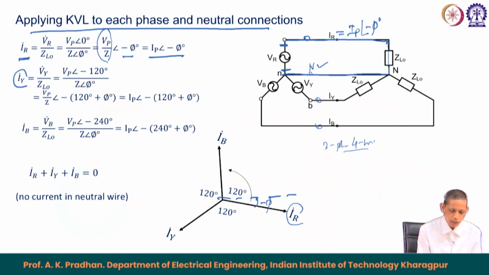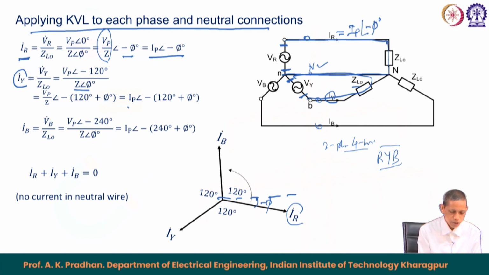Similarly, I can express the Iy current in terms of the voltage Vy, which is equal to Vp with a minus 120 degree angle, because I take the corresponding phase sequence to be RYB for this case. The impedance offered by this path is nothing but ZL0, expressed as Z with angle phi.